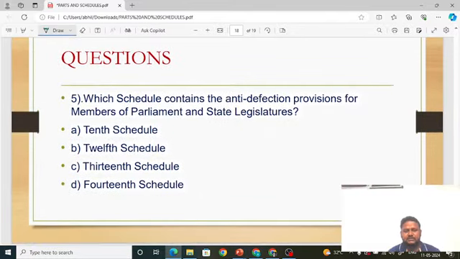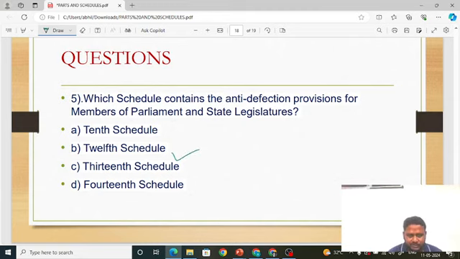Which schedule contains the anti-defection provision, that is for the members of parliament and state legislature? When we study the anti-defection law, we will understand to whom it is applicable, what the rules for defection are, what the provisions contain, when you can change a party, when it is not a defection and when it is. Everything we will learn then.